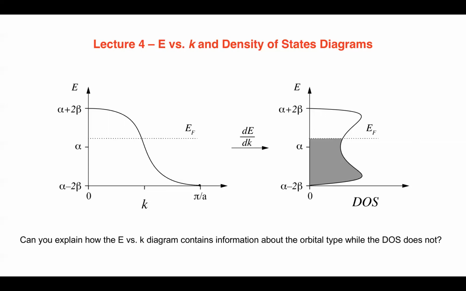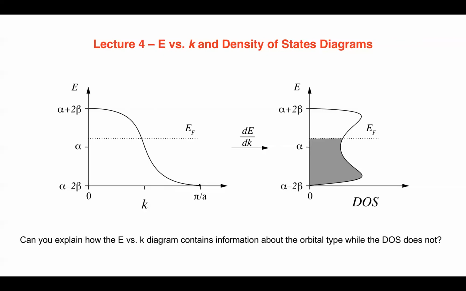This is a measure of the number of orbitals in energy and how densely spaced they are. And you get this interesting looking function with two peaks near k equals 0 and near k equals pi over a. And right in the middle, you get a minimum where the slope of E versus k is the largest.